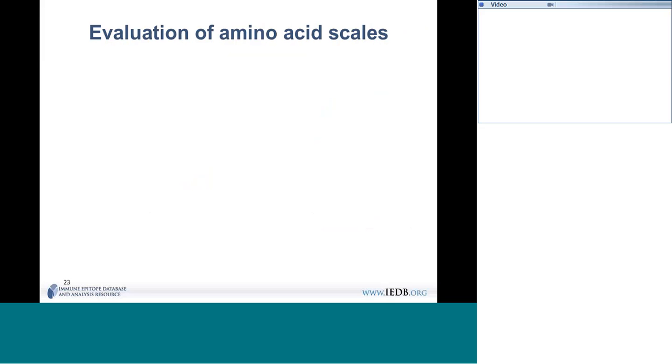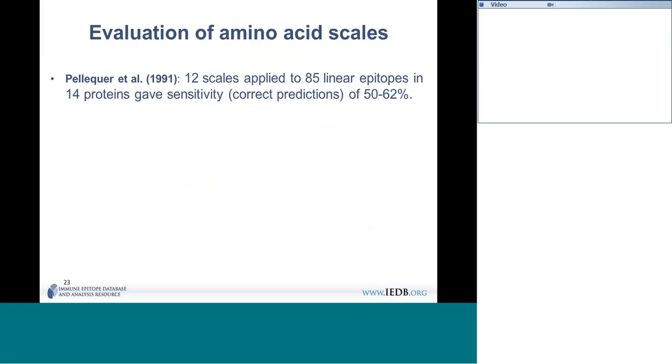Okay, so those definitions were used for evaluation of amino acid scales. The first one was done in 1991, with 12 different scales applied to 85 linear epitopes. They gave sensitivity of about 50 to 62%, depending on the scale.